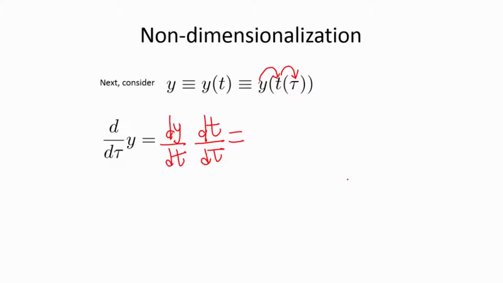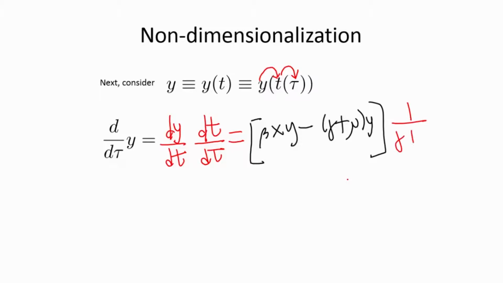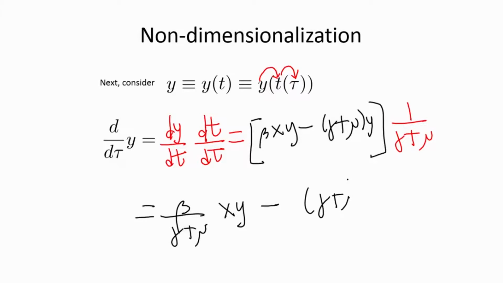Well, the derivative of y with respect to t, let's write that expression. This will be beta xy minus gamma plus mu times y, and the derivative of t with respect to tau is 1 over gamma plus mu. So this becomes beta over gamma plus mu times xy minus gamma plus mu over gamma plus mu times y.